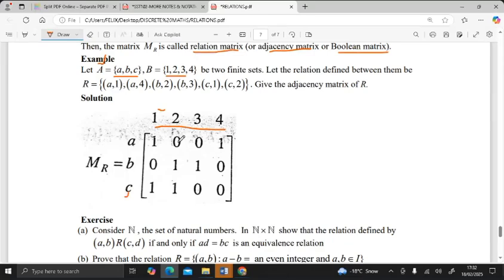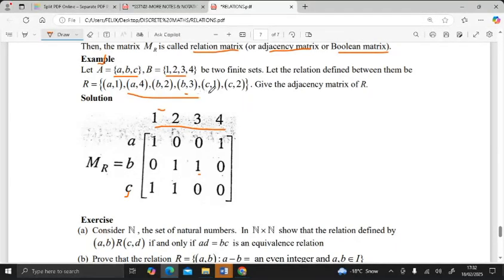In case A is not related to 2, then you allocate 0. That is why here A related to 1, we have 1. We don't have A related to 2, that is why we have 0. We don't have A related to 3, that is why we have 0. A is related to 4, yes, that is why we allocate 1.